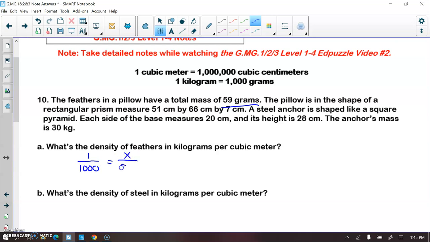I'm going to put this in kilograms. Cross multiplying, and then dividing by 1,000, 59 divided by 1,000 gets me 0.059 kilograms.